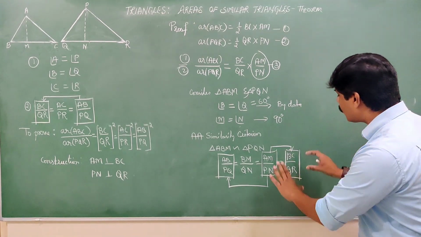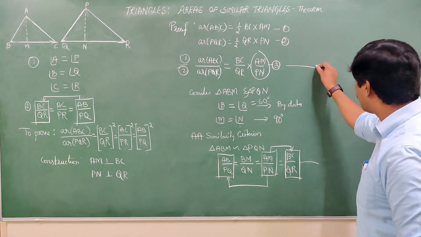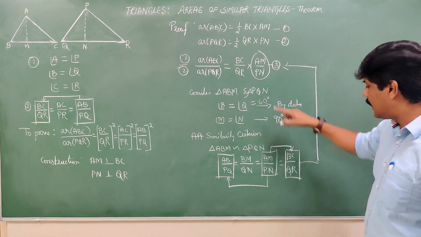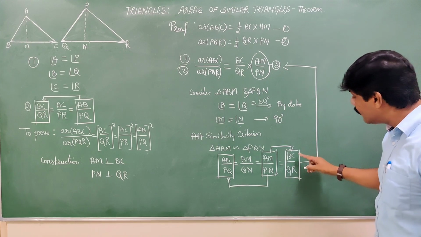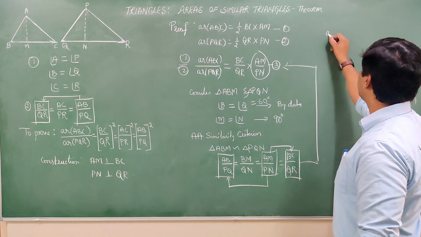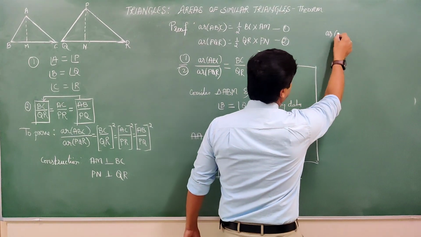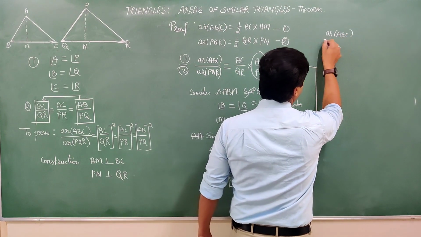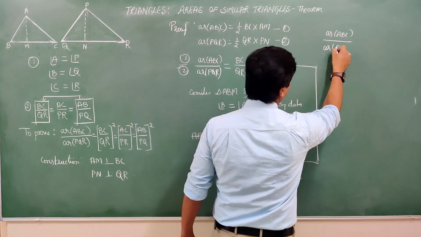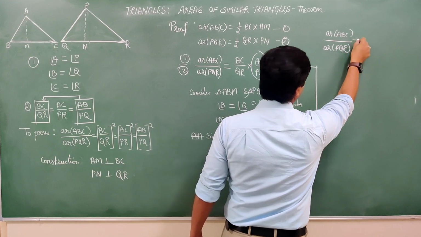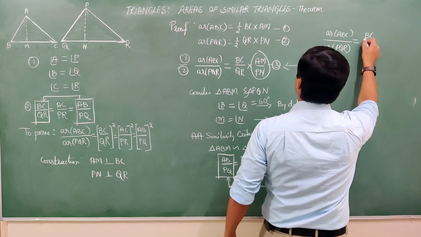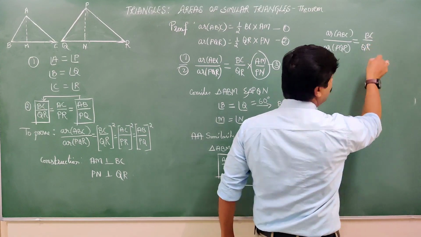Now you can go for the substitution here with equation 3. In place of AM by PN, you can write BC by QR. Why? Because BC by QR is now equal to AM by PN. Therefore, write area of triangle ABC divided by area of triangle PQR is equal to BC by QR, as it is.